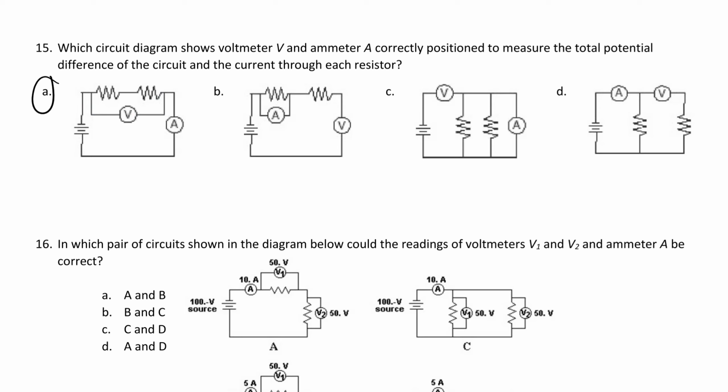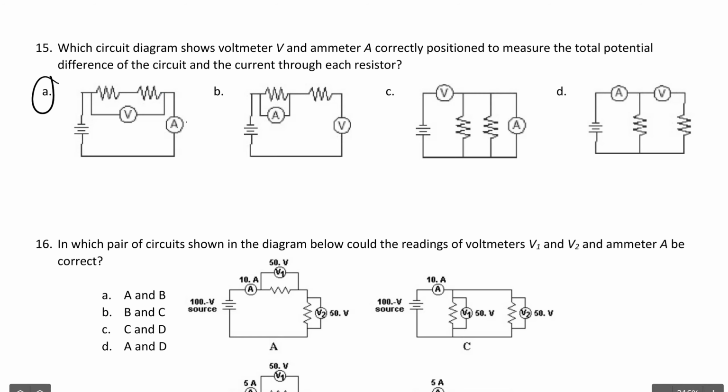And this ammeter is measuring the current in a series circuit. The current's the same everywhere in a series circuit, so they didn't say measure the total current because it's the same everywhere. That's kind of a tricky one. A is looking pretty good to me right now.